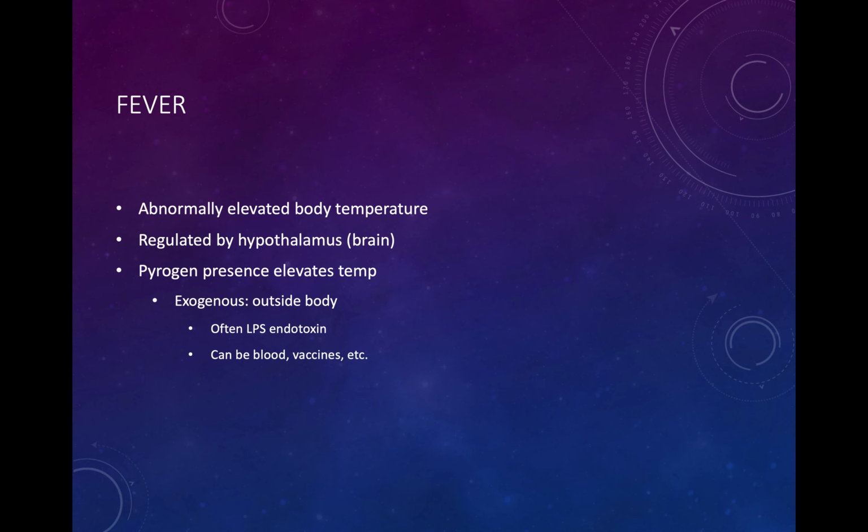So if you have circulating lipopolysaccharide from a leaky gut or from an infection, then you will have an elevated fever, and the quantity of LPS in your blood can also correlate with a degree of fever elevation.